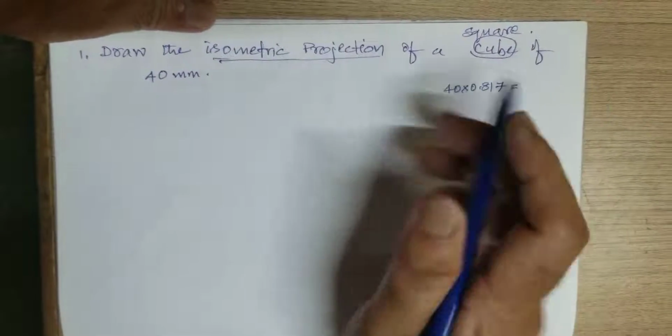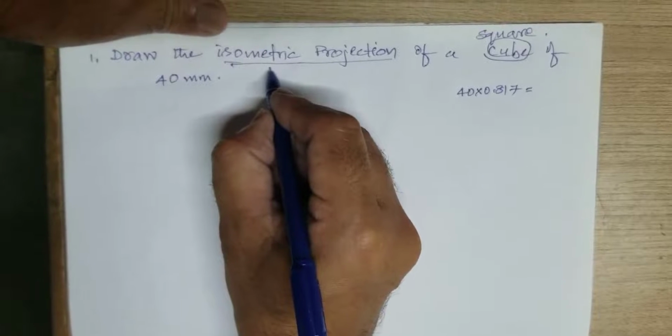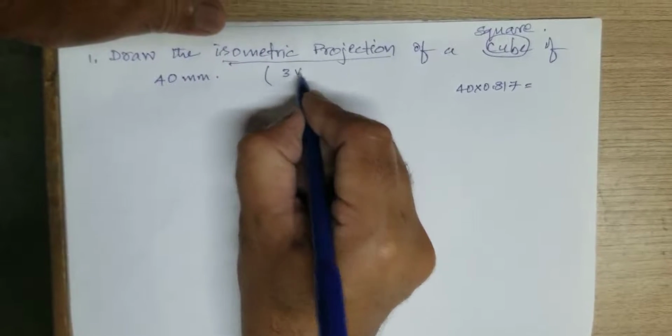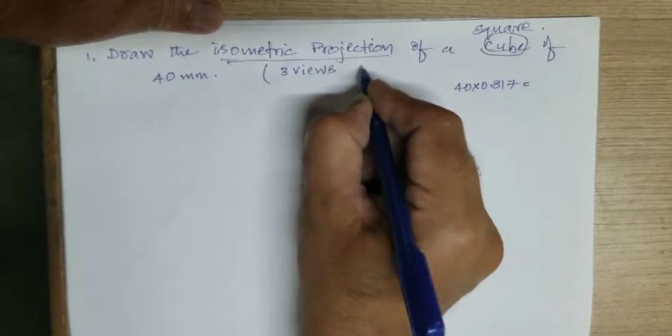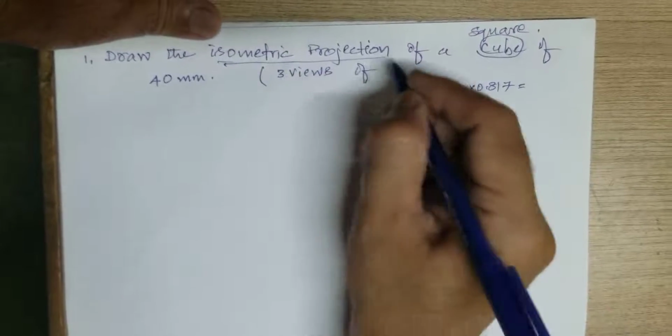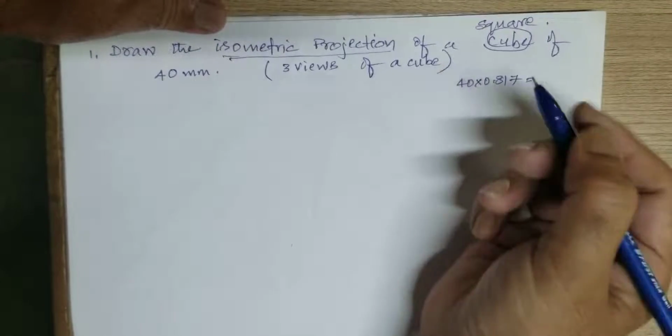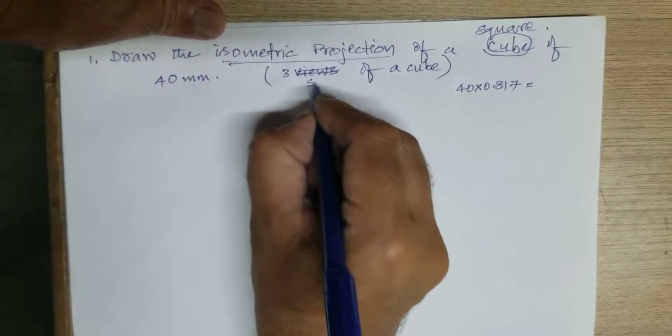Actually, I am giving an extension for this question: three views of a cube, or otherwise you can write three sides of a cube.